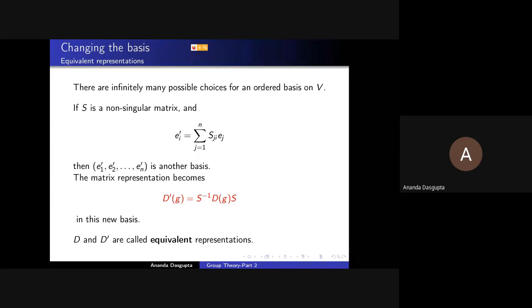And this is exactly what we mean by equivalent representations: two matrix representations which can be obtained from the same linear representation, that is operator representation, just by changing a basis, or at the matrix level just by applying the same similarity transformation, S inverse DS, to every one of the D(g)s.